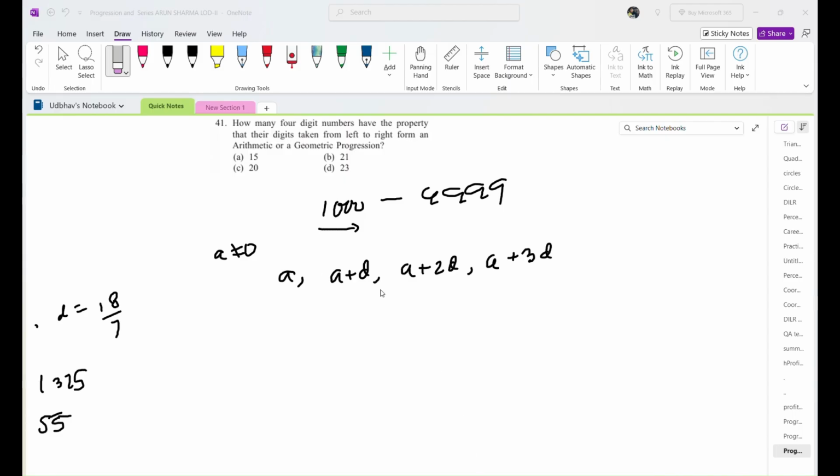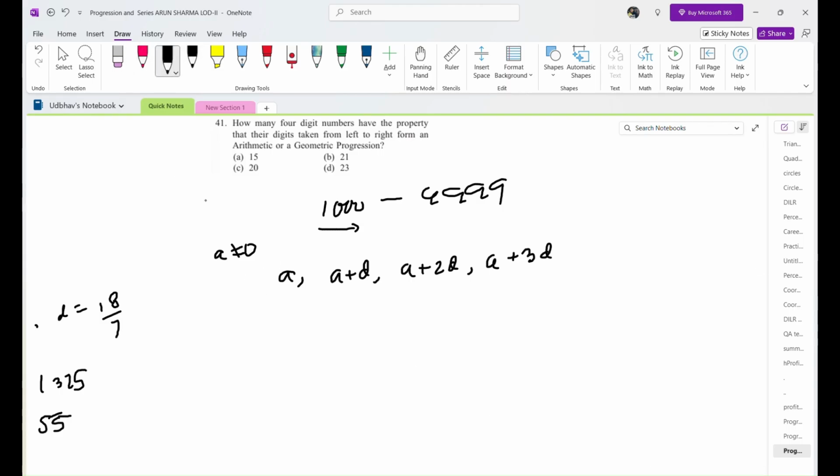We can see it like each digit must be from 0 to 9, because only 0 to 9 are the possibilities. So the value of A cannot be 0.